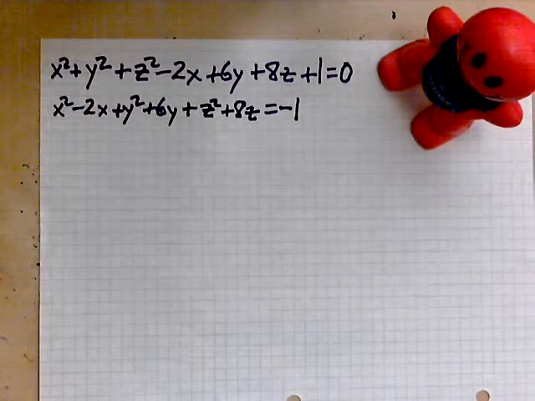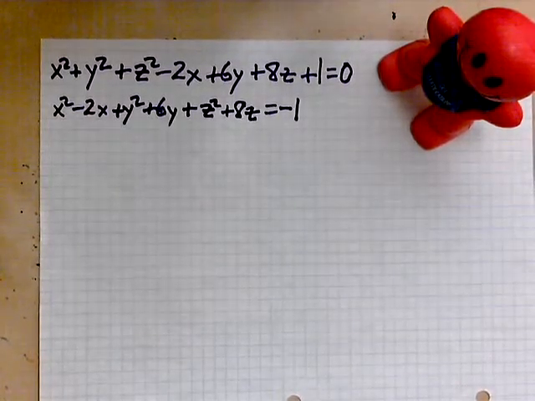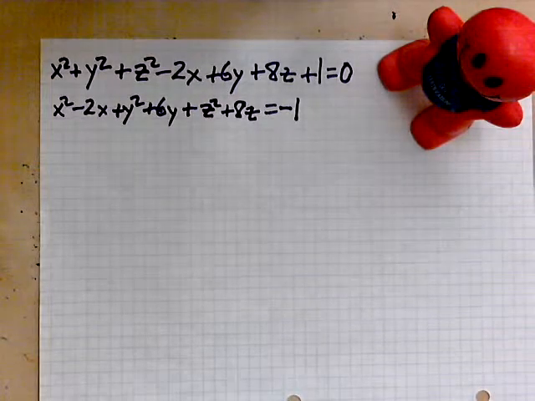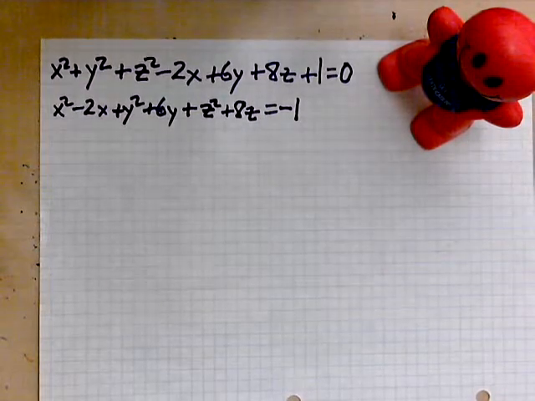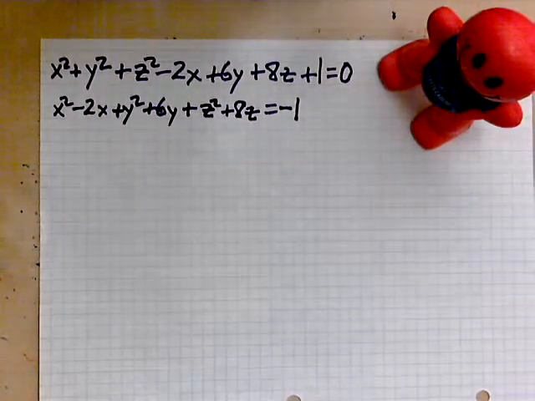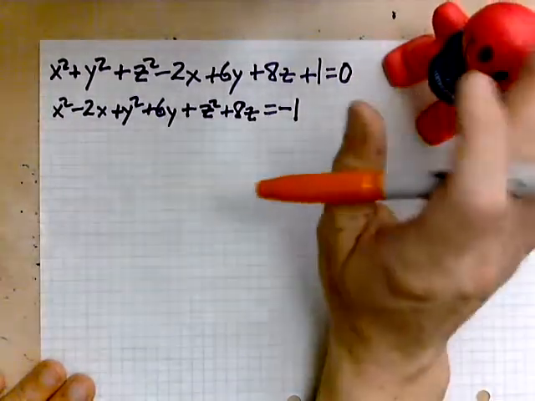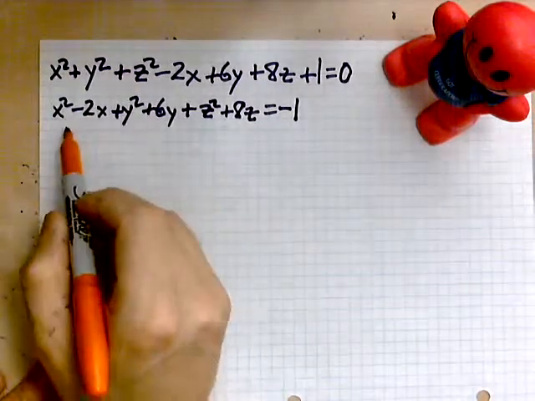Now, once this is in place, we complete the square on each of x, y, and z. So we have to do 3 completing the square applications. Now I'm going to switch to a brighter marker. So first let's begin by completing the square on the x.